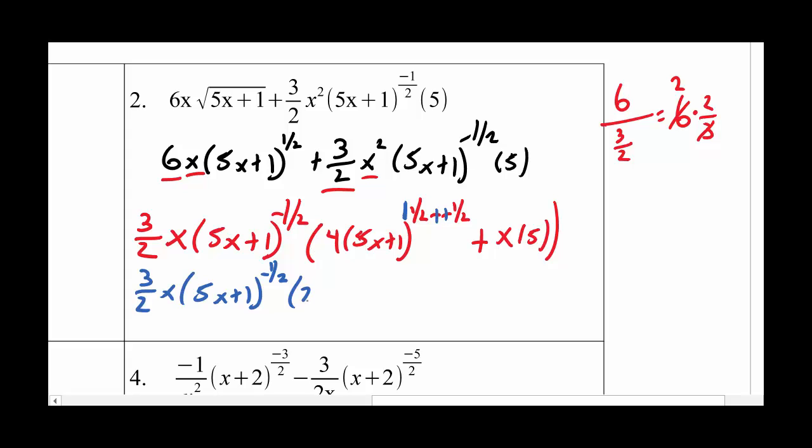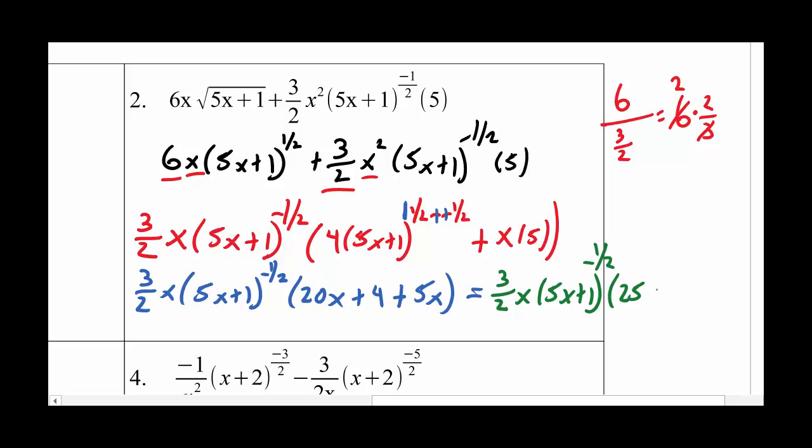So if I distribute that in, I get 20x plus 4 plus 5x. And then I can see that there are some like terms that I can combine. So 3/2 x times 5x plus 1 to the negative 1/2 power times 25x plus 4. All right, so I am done factoring at that point.